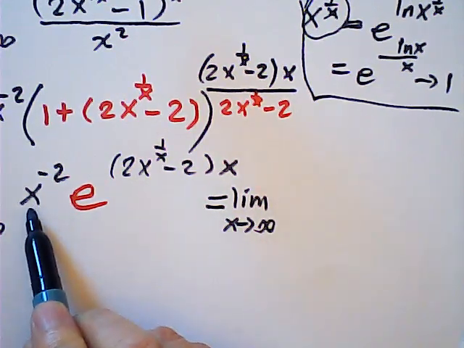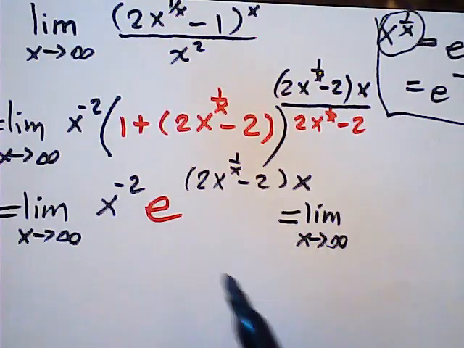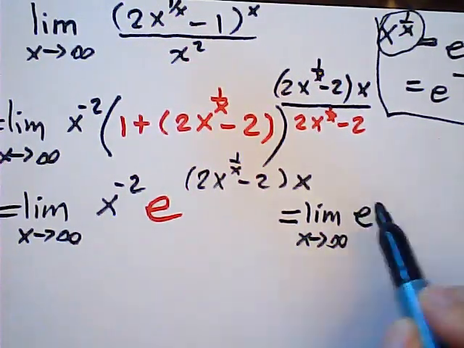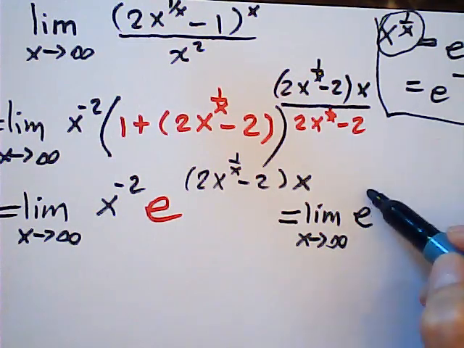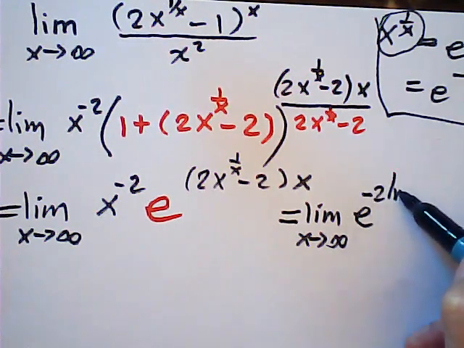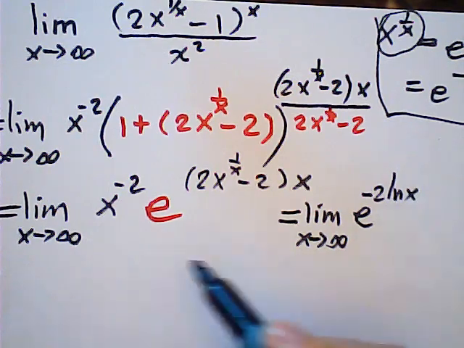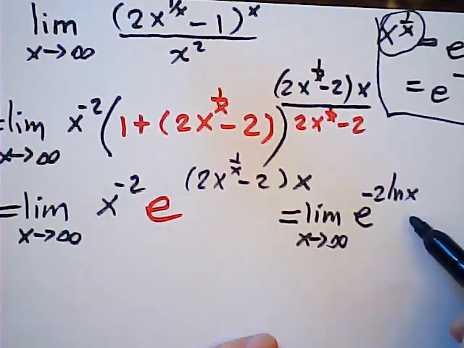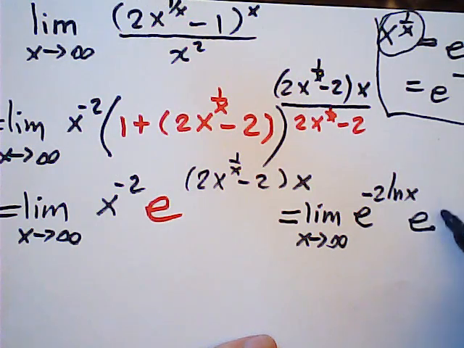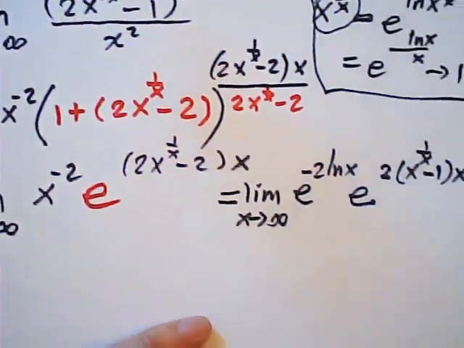This number, x to the negative 2, could be written as e to the negative 2 log x. They're the same thing. This is equal to that times e to the 2x, 1 over x minus 1 x, isn't it?